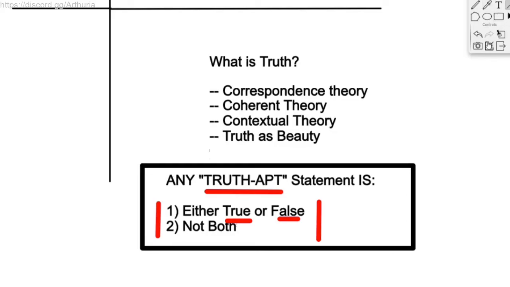Okay. Why is a command not truth apt? Because a command isn't really something that. So it's true that you're giving someone a command, but the command itself, the statement, go do your homework, right? That's not something that's either true or false, right?